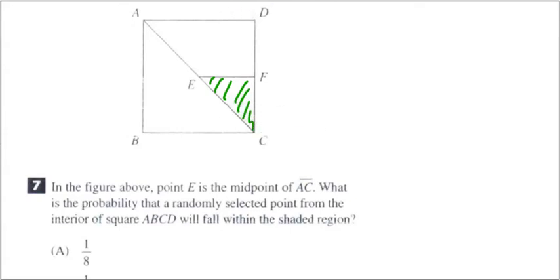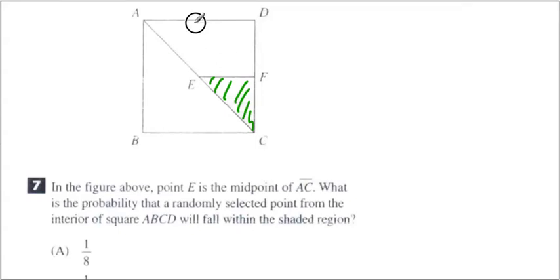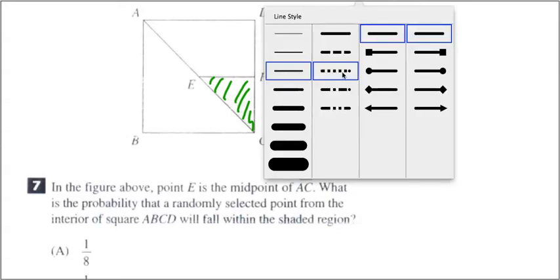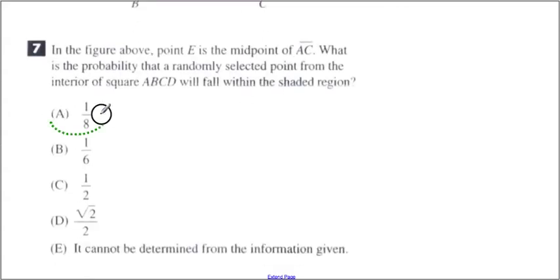If I were to put up one line right over here, and then one line over here, and if I just cross it down over here, then you will realize that this is 1 out of 1, 2, 3, 4, 5, 6, 7, 8 pieces of identical triangles. So therefore, our answer will simply become 1 out of 8. That becomes our answer.